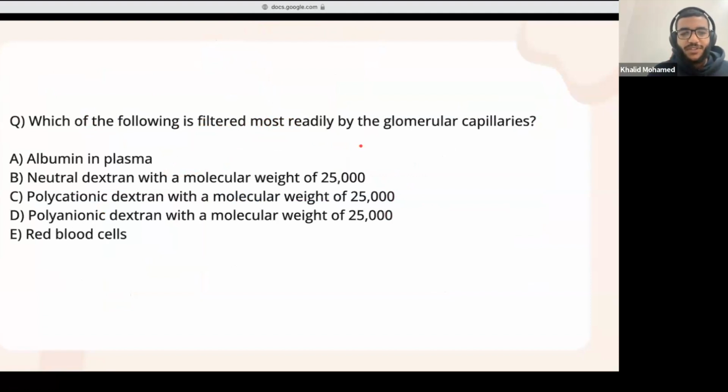Which of the following is filtered most readily by the glomerular capillaries? This is an extremely high yield concept. We actually got a question on the SAQ about this concept last year, so it's important to understand it.